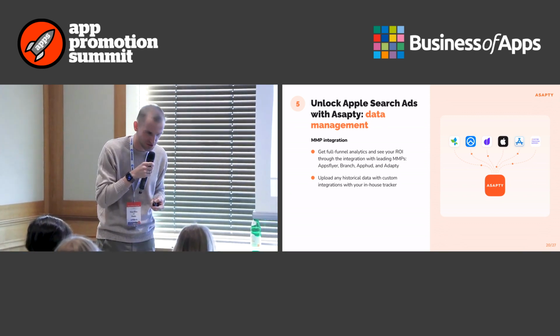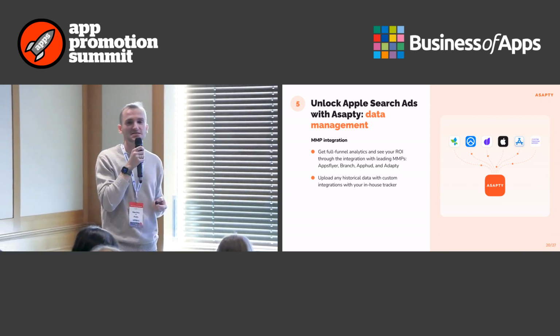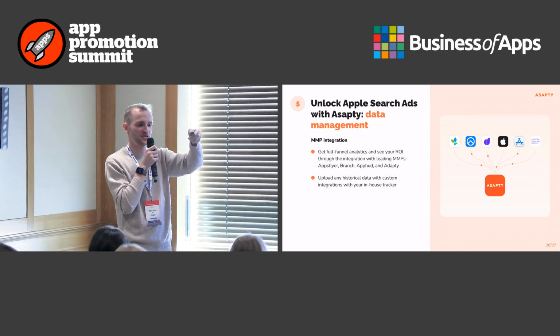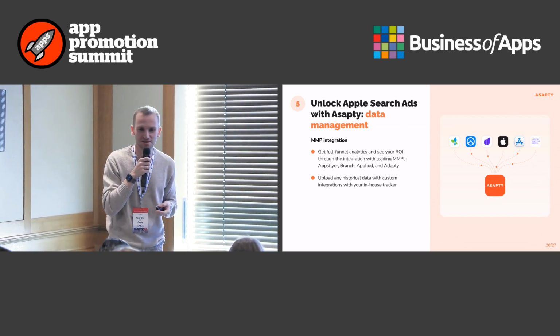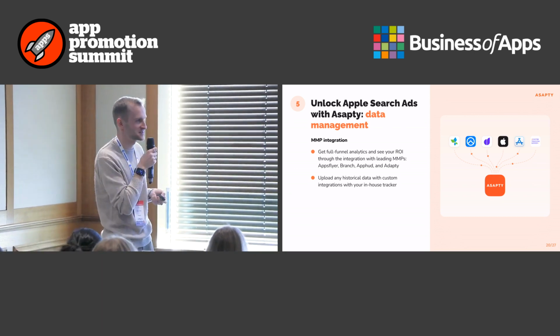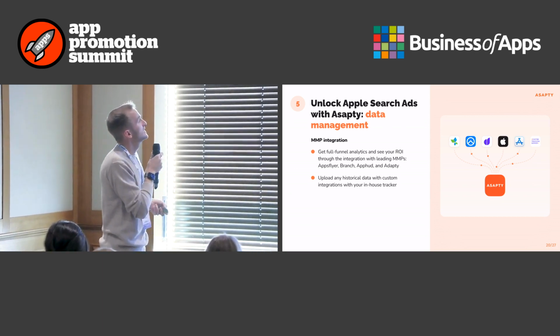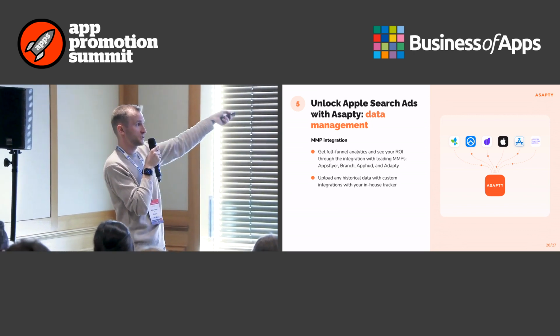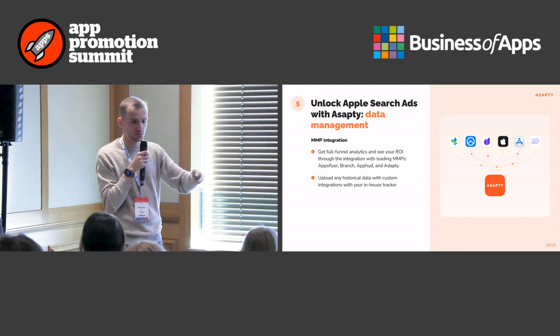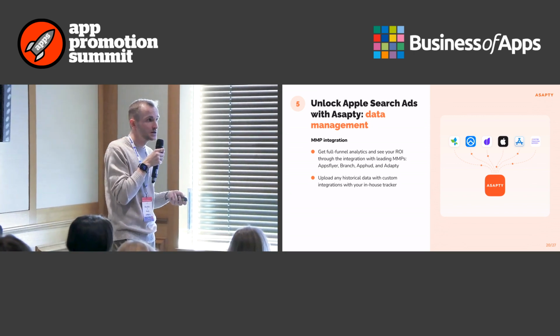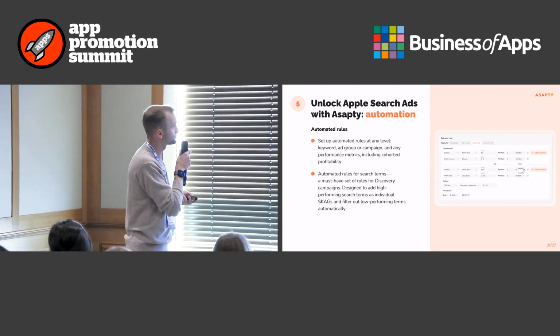We have a lot of questions about this. Asapty is Apple Search Ads optimization, so it's as simple as that. And I did not know about Asapty when I created this company and this name. So yeah, you will have all the information about in-app events and about the revenue for all your ad groups, for all your keywords, and you will have this transparent data to work with in Apple Search Ads.